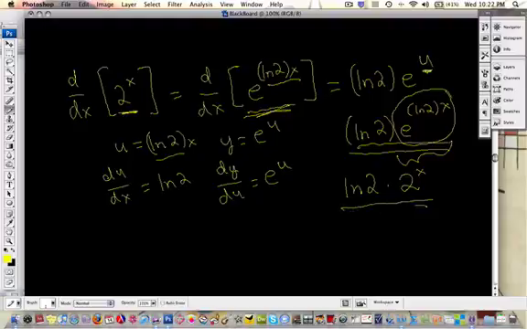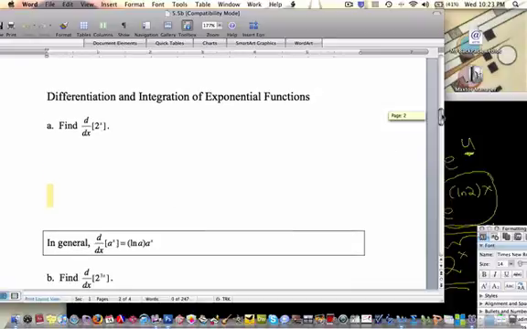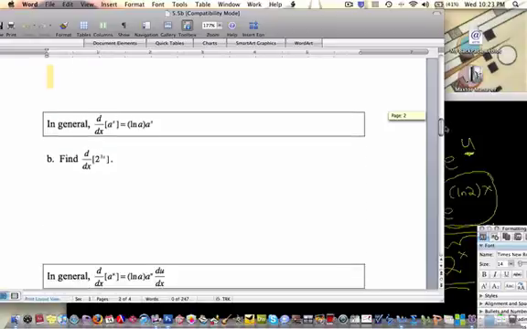But there it is, ln2 times 2 to the x. And so the derivative of 5 to the x would be ln5 times 5 to the x, right? And that's what this little differentiation formula is telling you. You can use that formula if you memorize it, or you can just use the chain rule. I'd recommend using the chain rule because it's less to memorize. Okay.